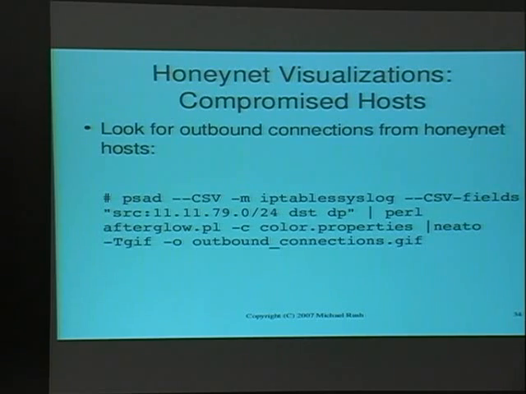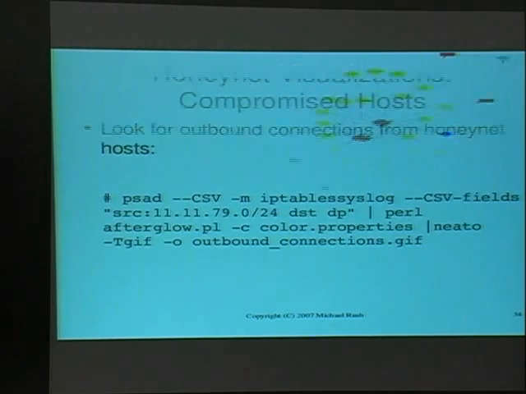So what I'm trying to get at here are outbound connections from the Honeynet, which might indicate a compromised system. I'm taking this output and I'm piping it through Afterglow for rendering. And the result is this.